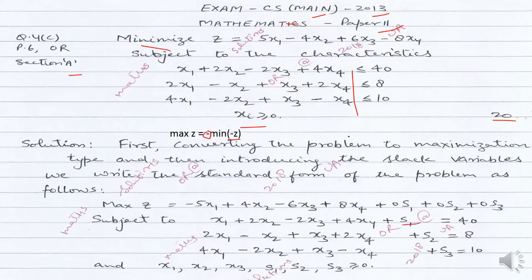Second is 2x1 minus x2 plus x3 plus 2x4 plus s2, the slack variable for the second constraint, is equal to 8, and 4x1 minus 2x2 plus x3 minus x4 plus s3 is equal to 10. x1, x2, x3, s1, s2, s3 are greater than or equal to 0. Now we will solve it by the simplex method.